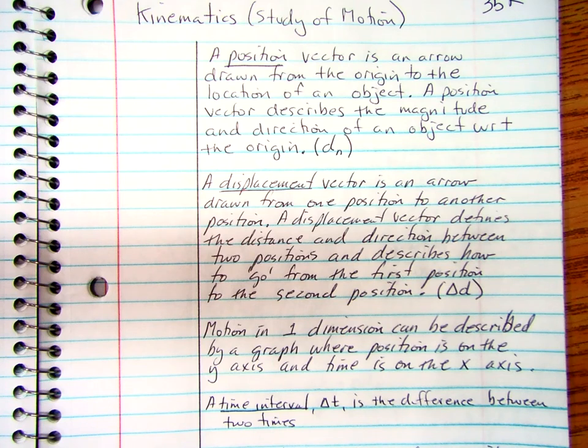And we've also found that you can take the slope of a position versus time graph to find the velocity. And we also learned that you can find the average velocity by drawing a line segment between any two positions on a position versus time graph, taking the slope of that line segment, and that's the average velocity between the two positions.